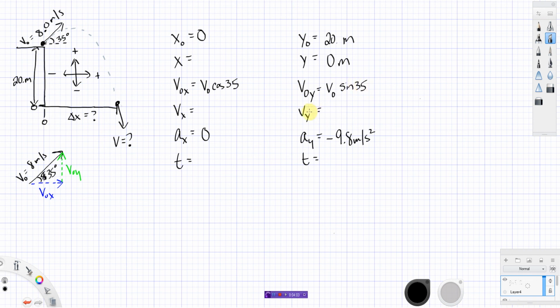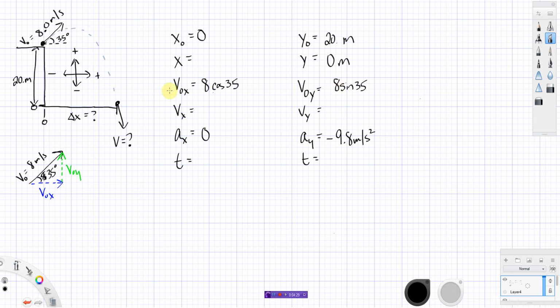Oh, I have a number for v naught, so I should probably write that number in. Although this brings up a good point. If you don't know v naught, you just write v naught sine 35, v naught cosine 35, and work with it from there, see what you get. But this time I actually have numbers, so I'm going to put those in.